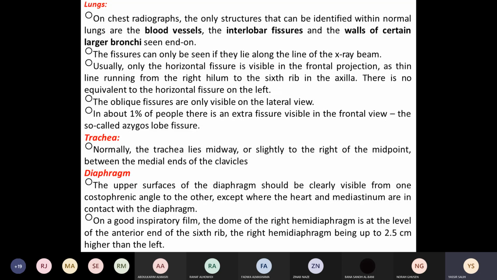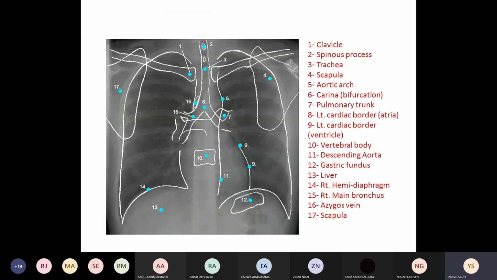If it's visible, it is seen also in the frontal view, like the horizontal fissure. So we have learned the structures normally seen, the appearance of the horizontal and oblique fissures, and on which view they may be seen, and the anatomical variant, the azygous lobe fissure, which also may be seen on frontal view.